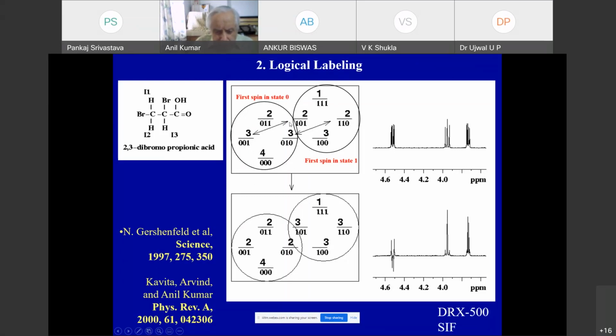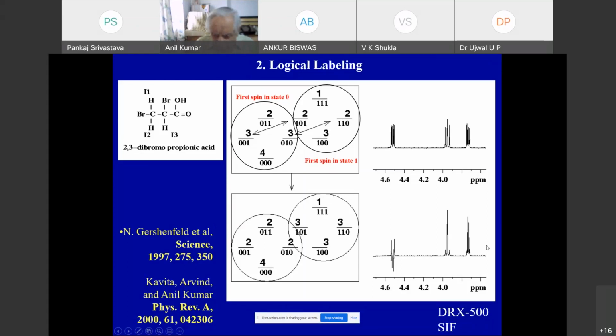Now we apply 2 pi pulses to interchange the population of this level and this level. Very selectively we have to do this. And then we get a population distribution. You can verify that it is 2, 2, 2, 2, 4 and 1, 3, 3, 3, 3. And you will immediately recognize that these are subsystem pseudo pure states. This subsystem is a pseudo-pure state, and this subsystem is another pseudo-pure state.